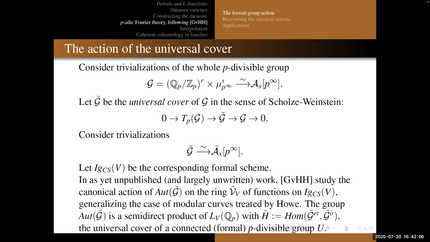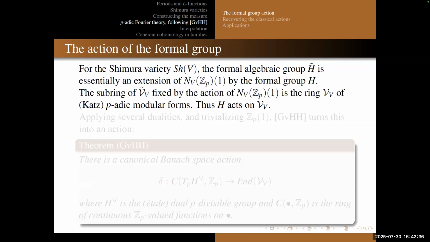Anyway, the group is a semi-direct product of the group that was acting on the regular Igusa tower with the homomorphism from the universal cover of the étale group to the universal cover of the formal group, which is the universal cover of a formal p-divisible group of dimension rs.